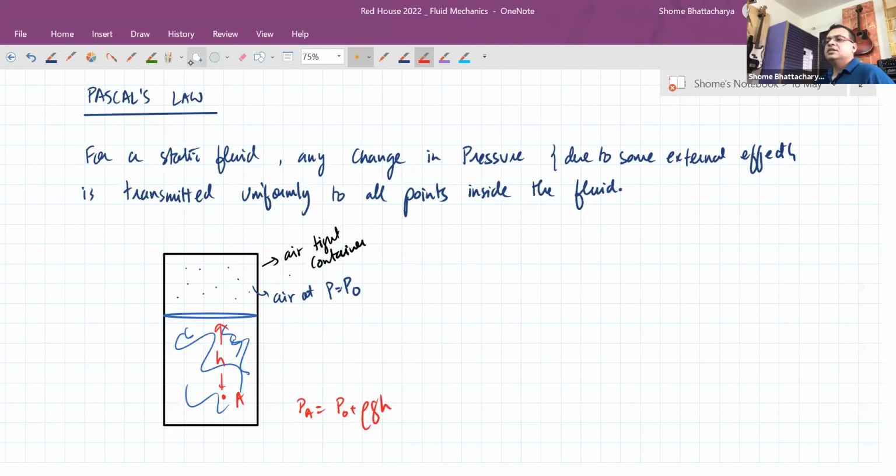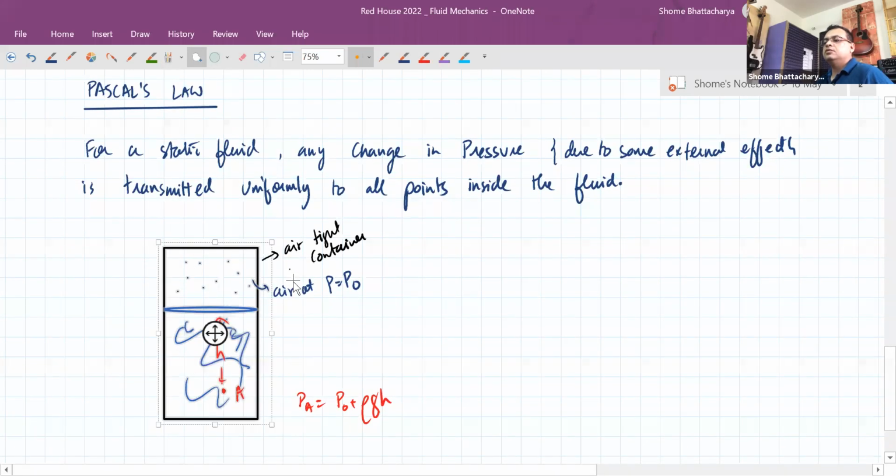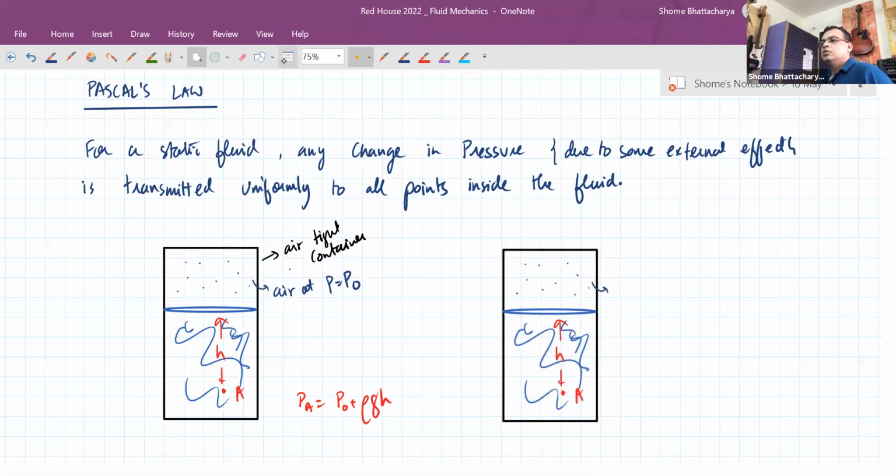Okay. But next, let's say what we do is we take the same sealed container with the liquid and the air and all that, and we attach a vacuum pump to remove some of the air from above. So it's still got air, but the density of air has now gotten less because we've attached a vacuum pump. You can even remove all of it, but I'm just saying here.